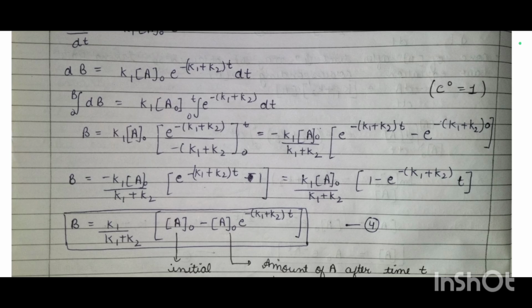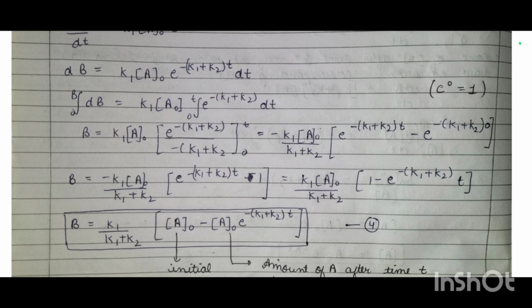So the concentration is equal to minus k1 [A naught] divided by (k1 plus k2), then e raised to the power minus (k1 plus k2) t minus 1, which is equal to k1 [A naught] divided by (k1 plus k2) times 1 minus e to the power minus (k1 plus k2) t.